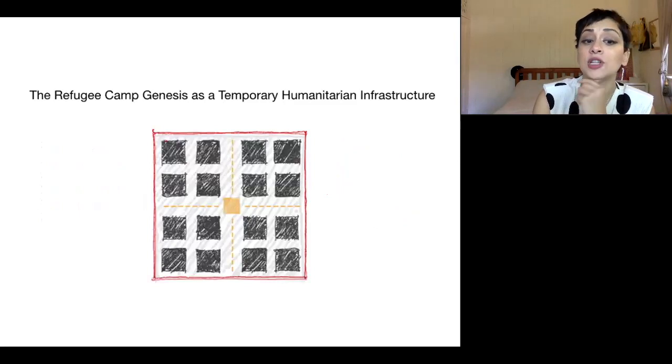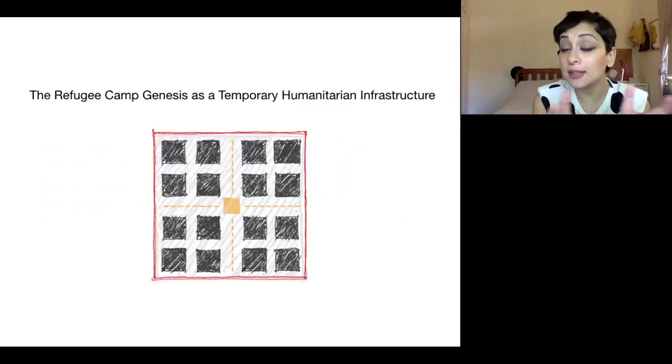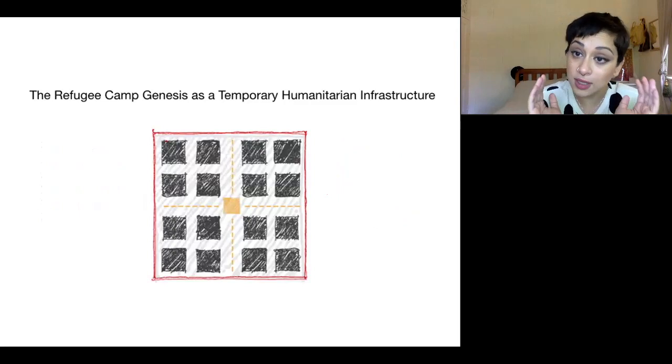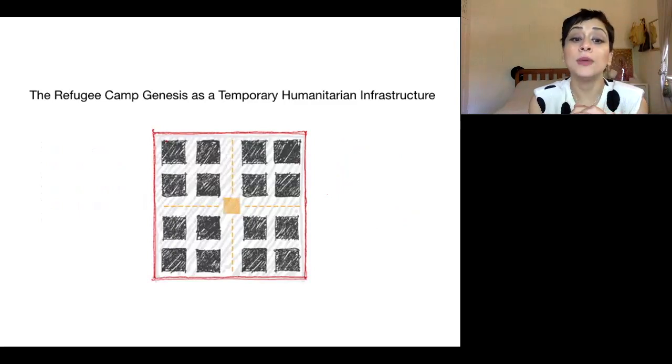The early conception of refugee camps, we might think of it as a square, as something rigid, orthogonal, because the early construction of refugee camps, according to Malky, was based on the military barracks.